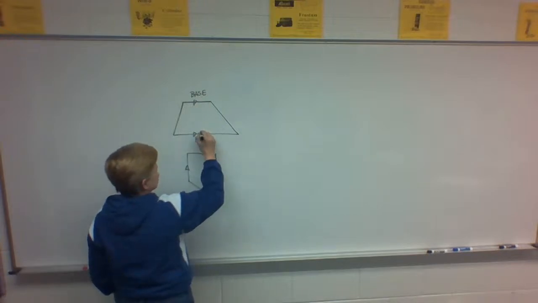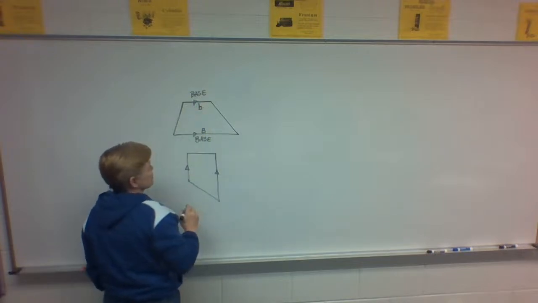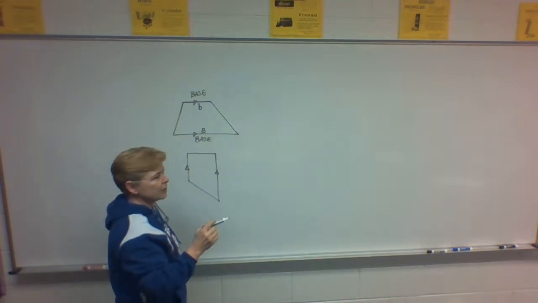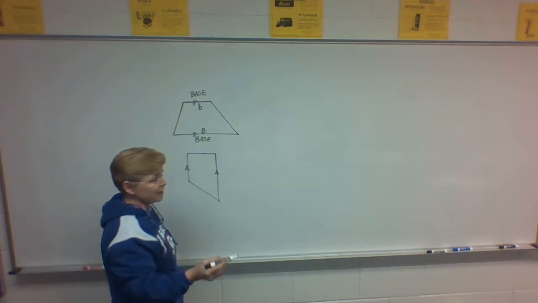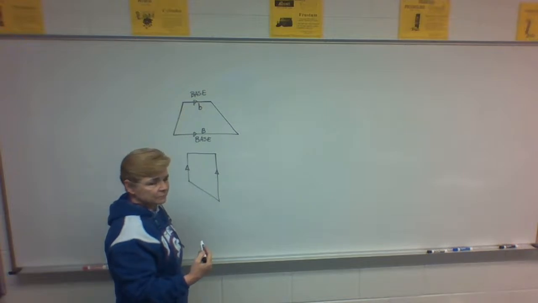I'm going to call this one, the book doesn't do this, but it helps clarify things a little bit, big B. I'm going to call this one little b. Because if you think about it, in a trapezoid one of the parallel sides will always be longer than the other, because if they were the same length, you'd have a parallelogram, right?